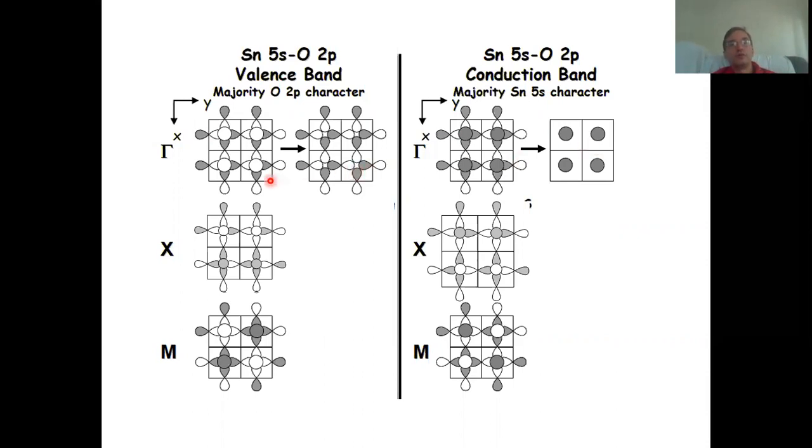When you combine, in extended solids, multiple orbitals of one kind with multiple orbitals of another kind, and the interaction is non-bonding, then that results in two crystal orbitals that are non-bonding. Not necessarily do these two crystal orbitals have the same energy, and in our case, the energies would certainly be different because the 2p orbitals of oxygen have a very different energy than the 5s orbitals in tin.